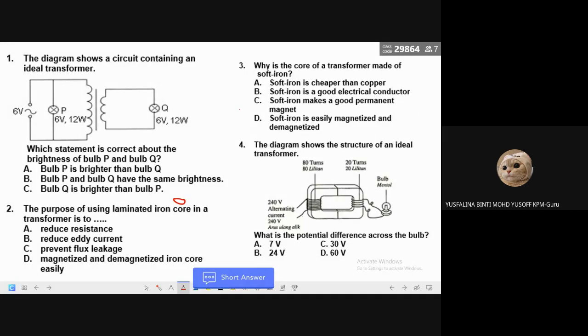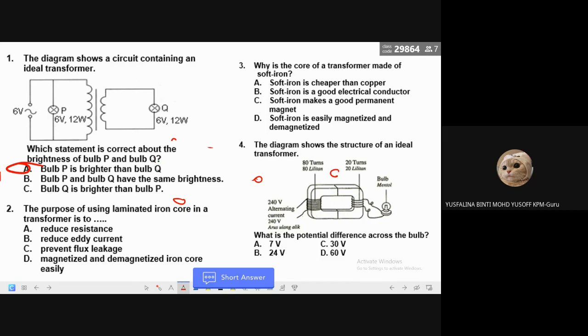Oh, correct. I don't know why I cannot write too far here. Okay, A. The purpose of using the laminated iron core in a transformer. Laminated iron core is actually to reduce the eddy current, right?